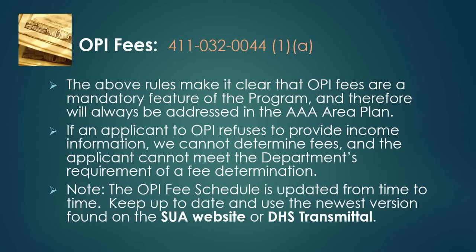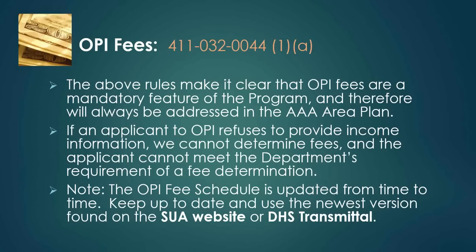And just another note, if an applicant to OPI refuses to provide income information, that means that we're unable to determine their net income, and because of that, we're unable to determine whether they're above or below the minimum as established by the Department of Human Services. So actually, if a person refuses to provide income information, they're not eligible for OPI because we cannot determine their eligibility.